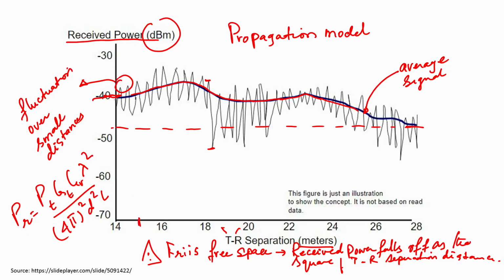It is a fluctuation over very small distances, quite rapid, and there is a name for this: it is called small scale fading.